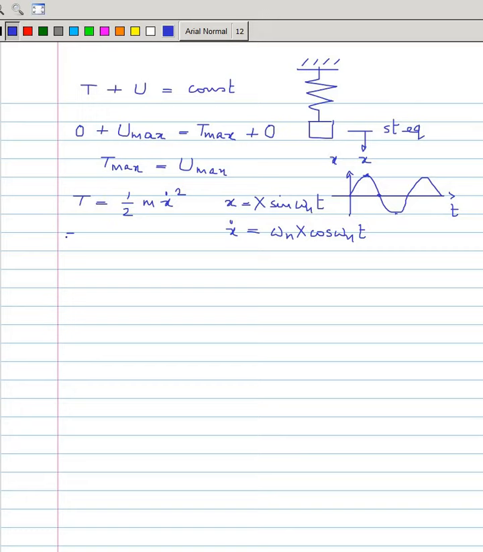So we can put it here: half m omega n square x square cos square omega n t, and Tmax is when cos square omega n t equals 1. So Tmax is half m omega n square x square.